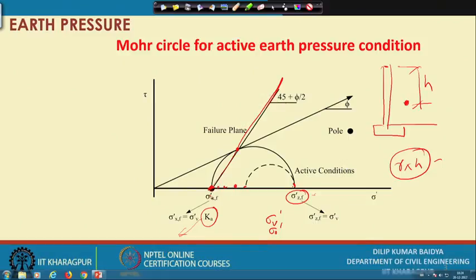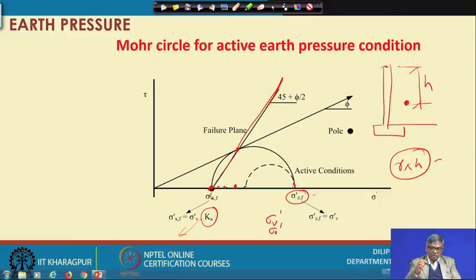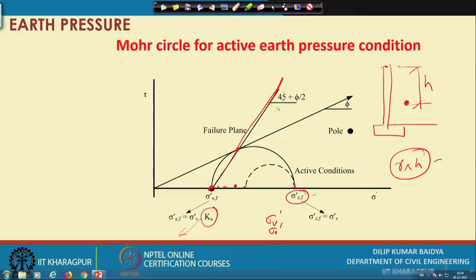We will discuss how. For the time being, I will just mention that the lateral pressure on the wall, sigma h, will be Ka times sigma v. Whatever sigma v was there, if you multiply by Ka, you get the lateral stress, that is the active earth pressure. So, at this point, and this is the failure plane.